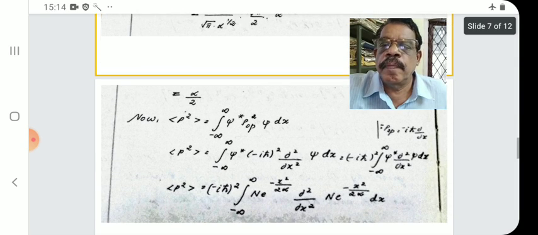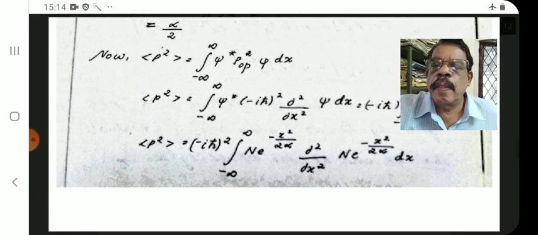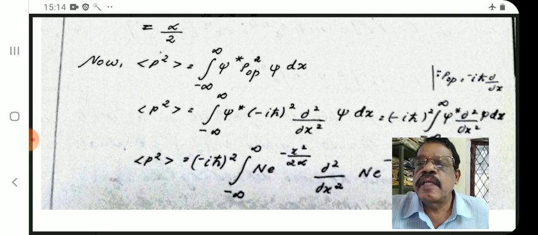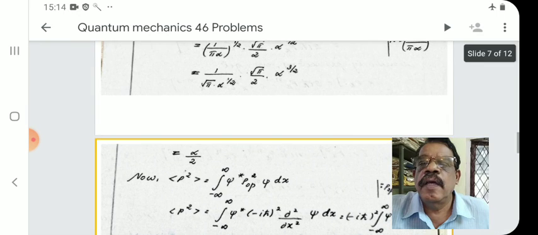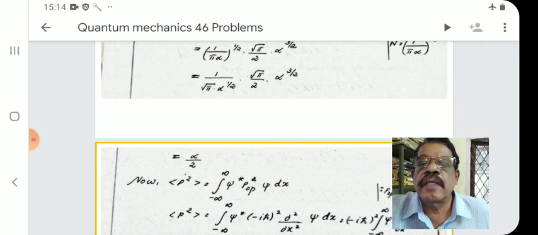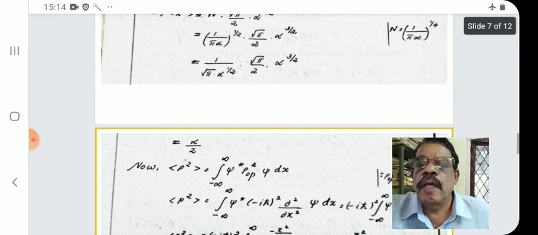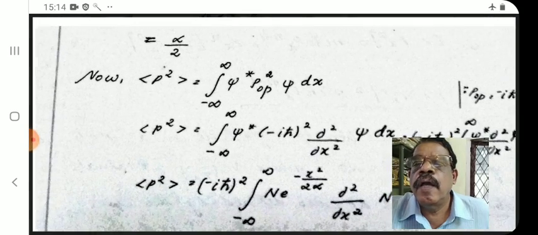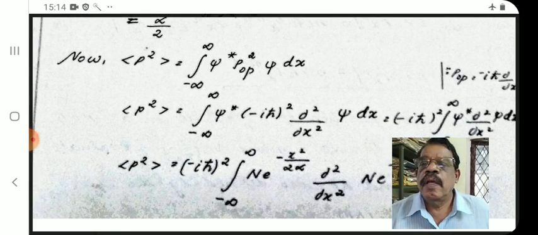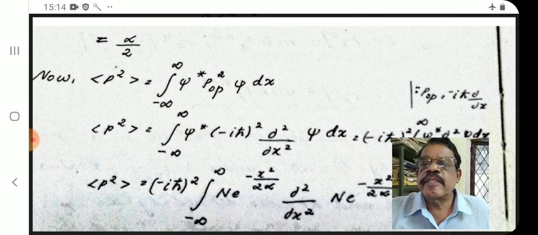Simple calculations: the root pi terms cancel, the alpha terms partly cancel, and we get alpha by 2. That is the expectation of x square.